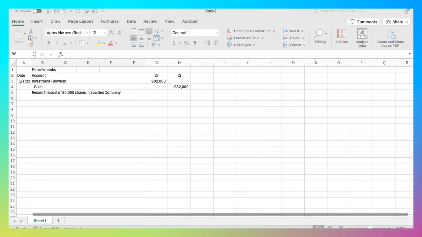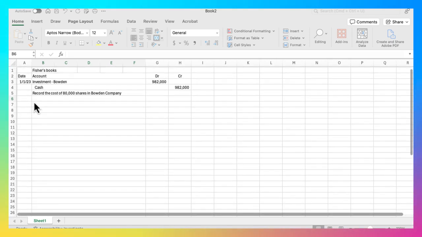Then they tell us that Bowdoin reported net income of $400,000 in 2023 and $380,000 in 2024, each earned evenly through its respective year. On July 1st of 2024, Fisher sells 10% or 20,000 of Bowdoin's outstanding shares for $330,000 in cash. I read a little bit too much there, but that's okay.